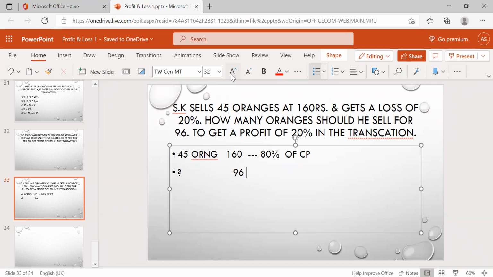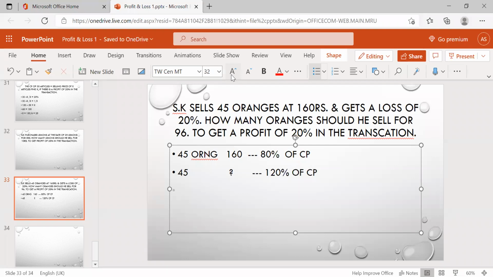Guys, just before, they said one more point also, right? Sell to get profit 120%. So 45 oranges, what price equal to 120% of cost price.